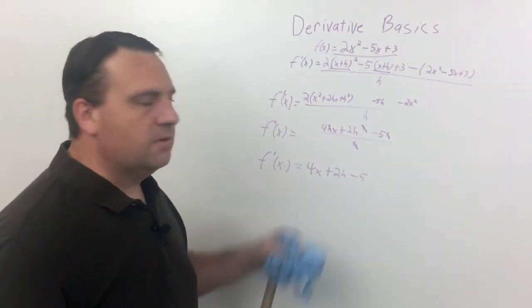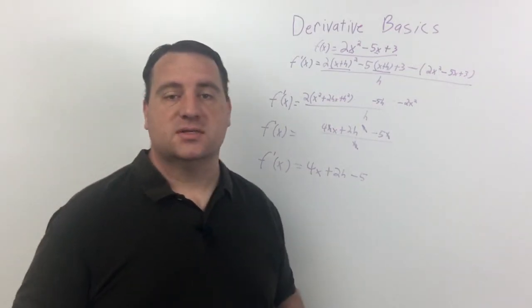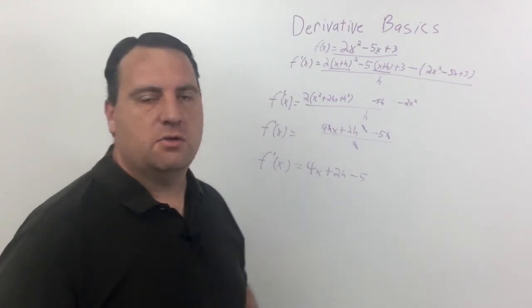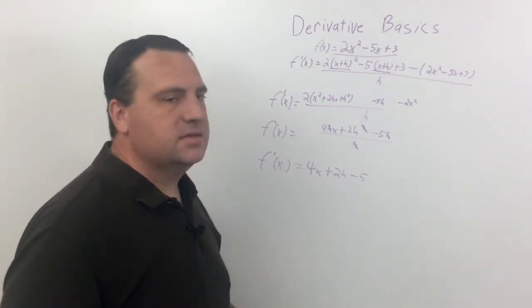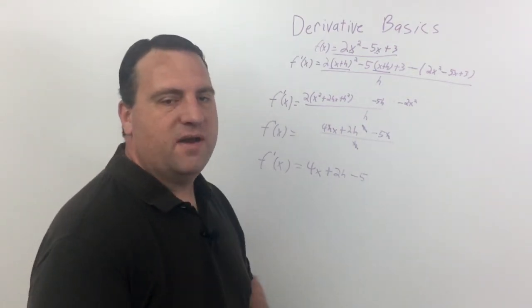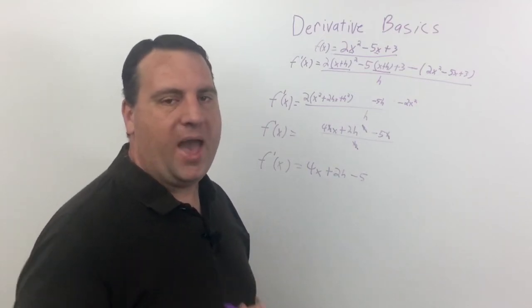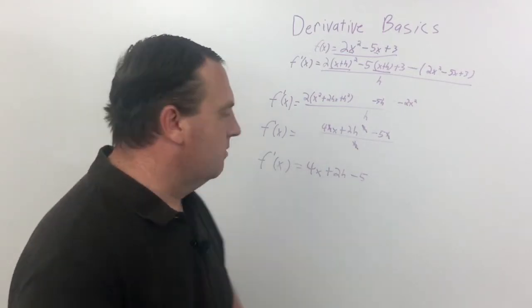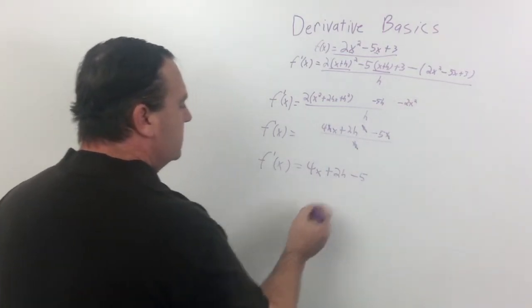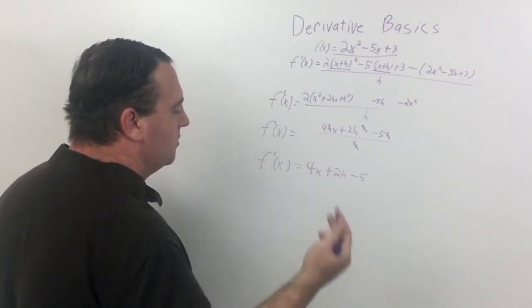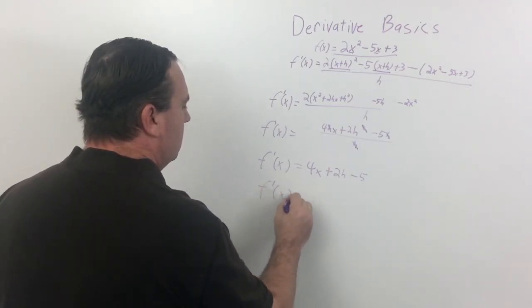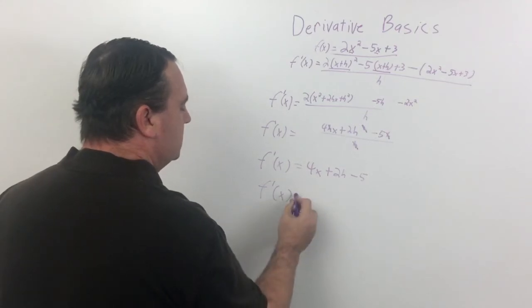But then what do we say? What does h represent? H represents the distance between the two x points we're finding the slope between. And since we're trying to find the exact slope at a single point, the distance between the two points is effectively 0. So we say, what happens when h equals 0? Well, when h equals 0, this simplifies because 2 times 0 is 0.